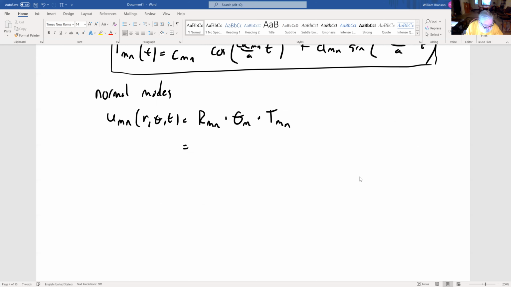And this is a pretty long expression, so I'm going to write it out in a couple of different levels. R is Jm of alpha mn over A times r.